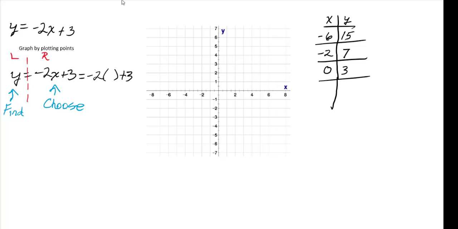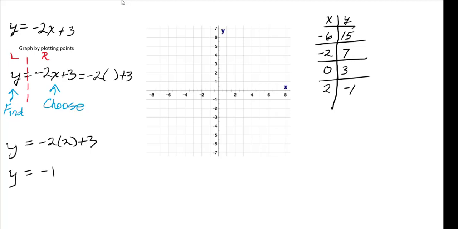Let's now choose positive 2. So negative 2 times positive 2 plus 3 is what y would be. And this gives me negative 4 plus 3 is negative 1. So our ordered pair would be 2, negative 1. Okay, so here is my table of values, and these are my solutions, these ordered pairs.